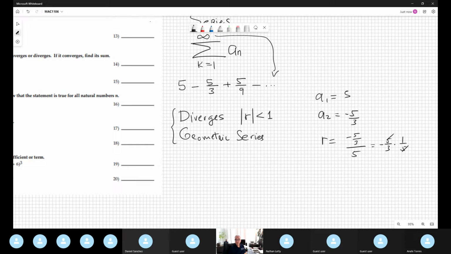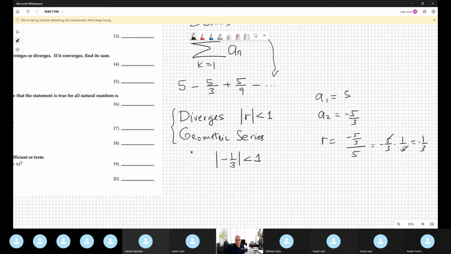The 5 is cancelled, and the answer is negative 1/3. Let me check the condition. The absolute value of negative 1/3 is less than 1. Yes, it's true. So the confirmation is yes, this series is convergent because it's geometric and the absolute value of the common ratio is less than 1.